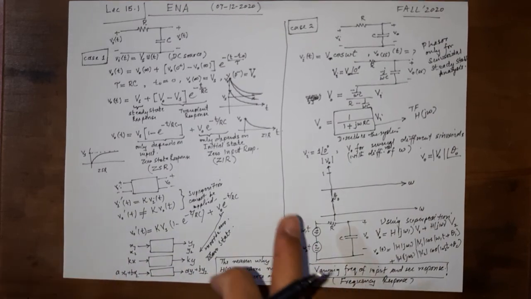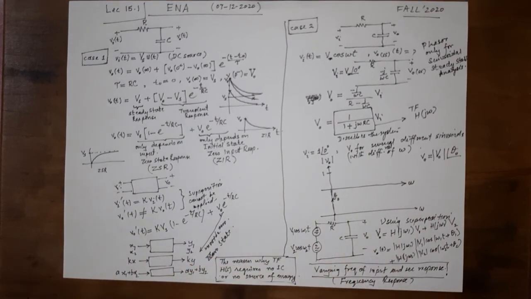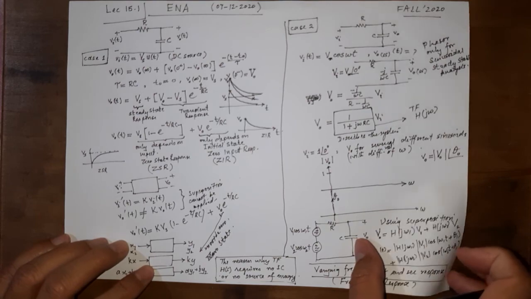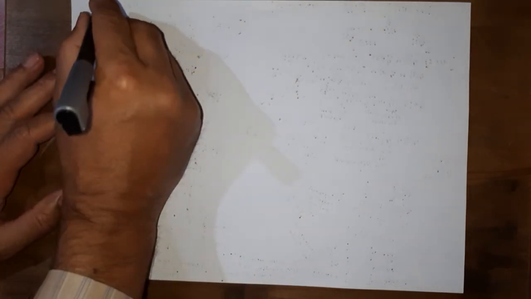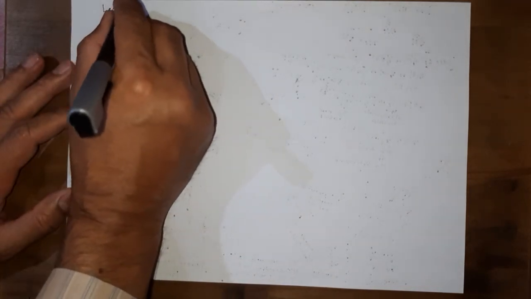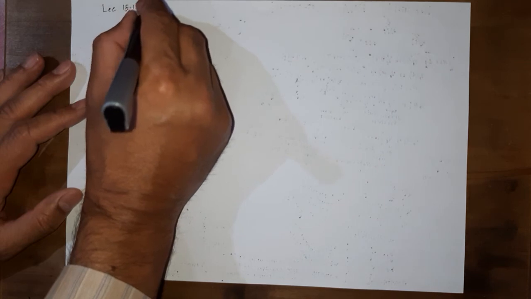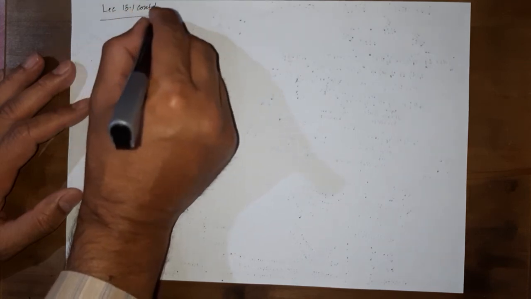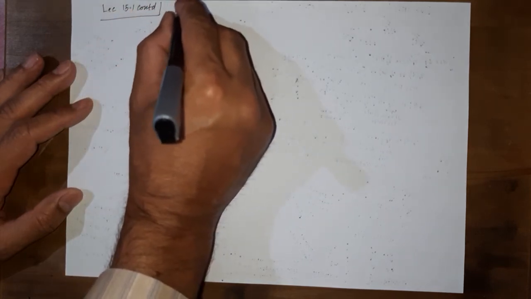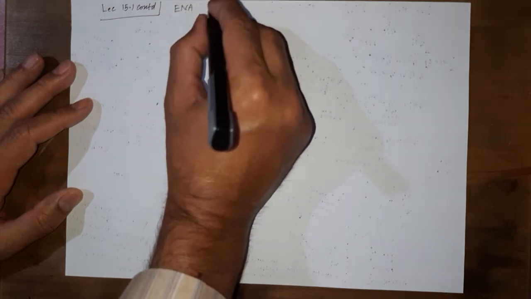However, before reaching that, we have a third case and probably a fourth case to look at. So if we continue this lecture, because it is still not including anything new in it, let me say this is lecture 15.1 continued of ENA, allegedly of the 15th week.